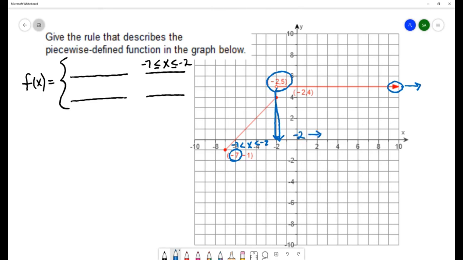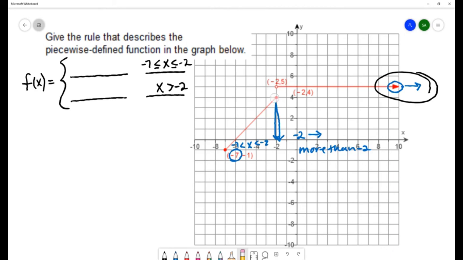So we can say more than -2. So with that condition, we're going to write x being greater than -2. Instead of x being between two numbers, I say x is greater than a number because this doesn't have an end to it. Once again, I want to pay attention to that endpoint, and this time the endpoint has an open circle on it, so I don't put an equal to on my condition.